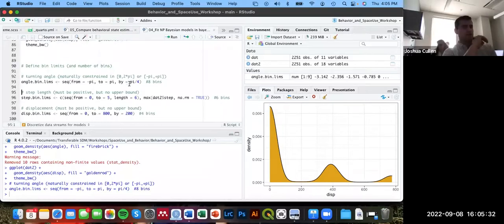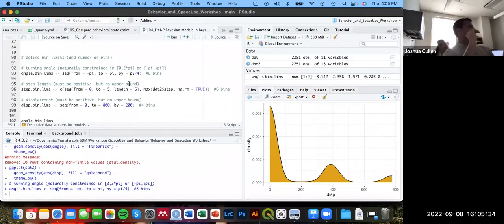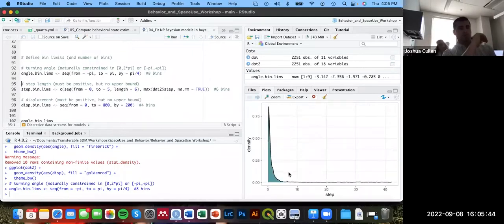For step lengths, these must all be positive values, but there's no upper bound, so it's kind of hard to decide how to break this up. Showing this plot again, the majority of these observations tend to fall up to 5 kilometers in step length, with a very small proportion greater than that.